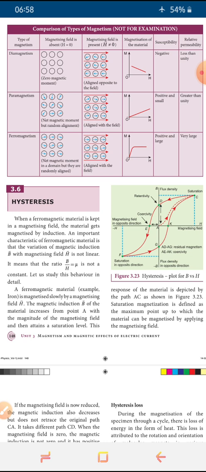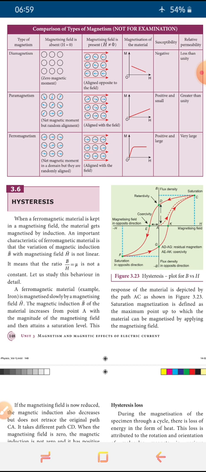See the next column, magnetizing field present, H not equal to 0, and how they align: diamagnetism aligns opposite to the field, as we discussed in class, paramagnetism along the field, and ferromagnetism aligned with the field. Then the next property, magnetization of the material. Look at this graph: the magnetization is given here for diamagnetism, then para starts from 0 and increases, diamagnetic goes from maximum to minimum, and ferromagnetism goes from 0, increasing gradually, then becoming almost flat.